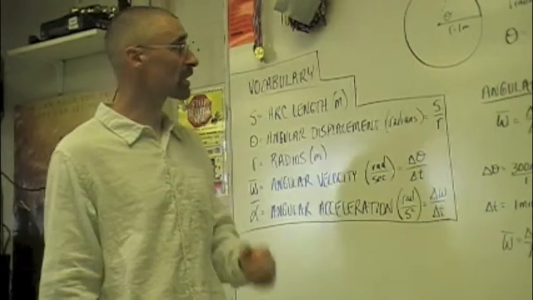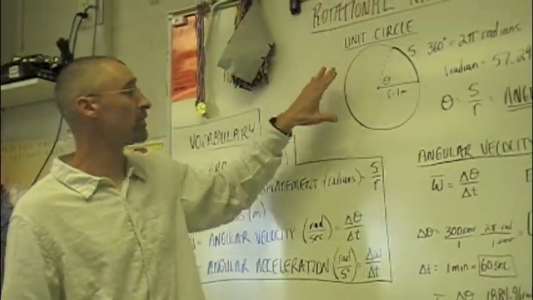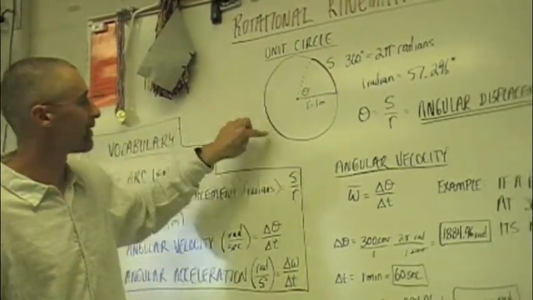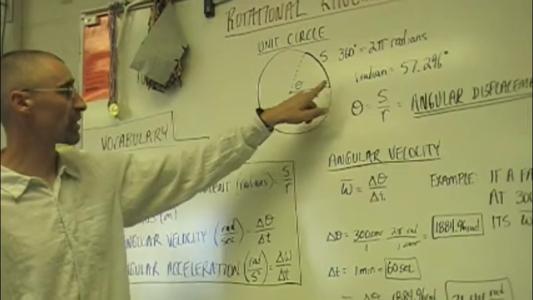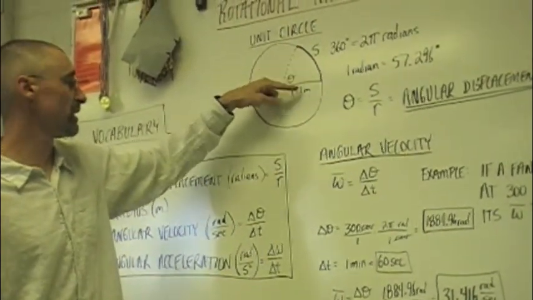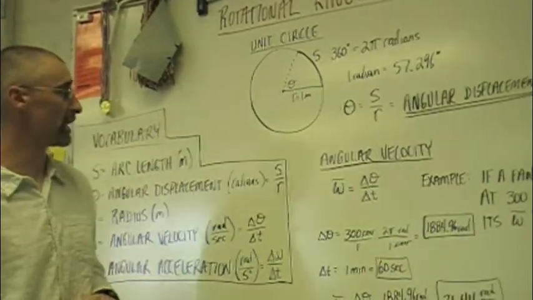Now, we did a survey. You said most of you guys understand what a unit circle is. It's a circle with a radius of 1. And if we go around that circle, that's going to be our distance traveled or our arc length. And then the angular component we're going to measure in radians.